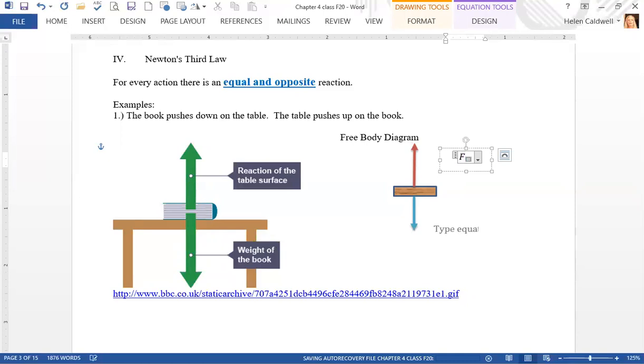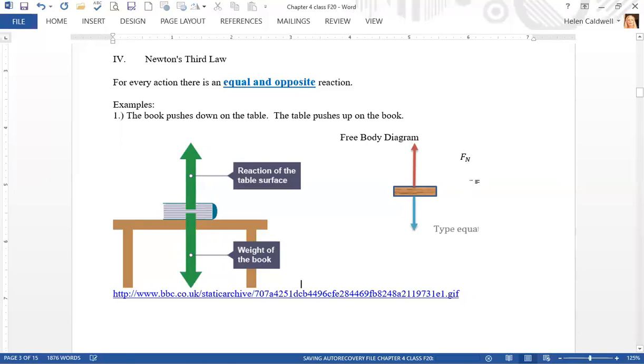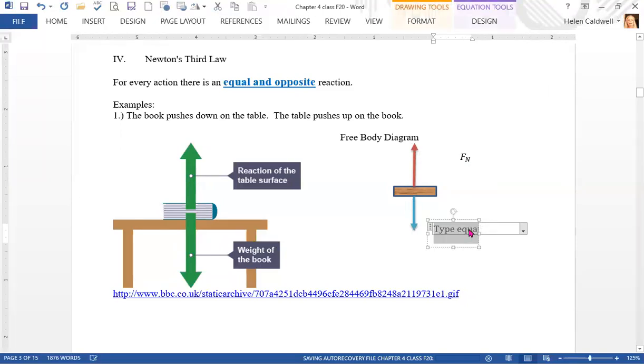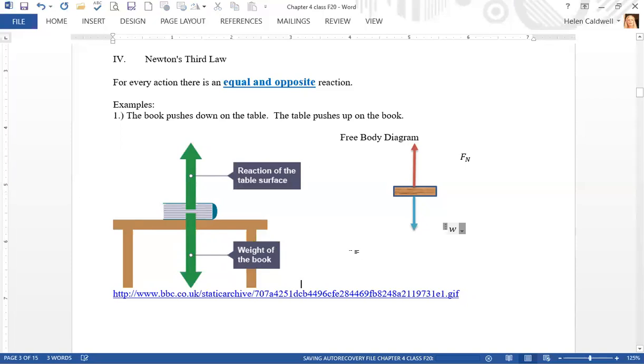I'm going to introduce it later, but for now I wanted to include it. So this vertical arrow pointing up is the normal force. The one coming down, the blue arrow, is the weight. So for us, that will be little w.